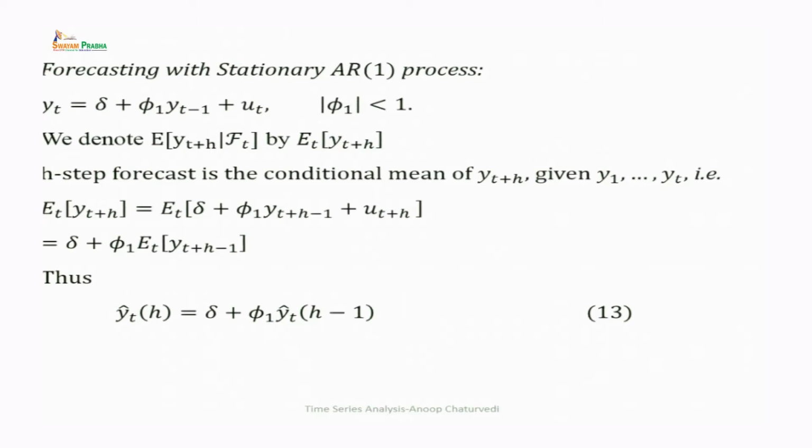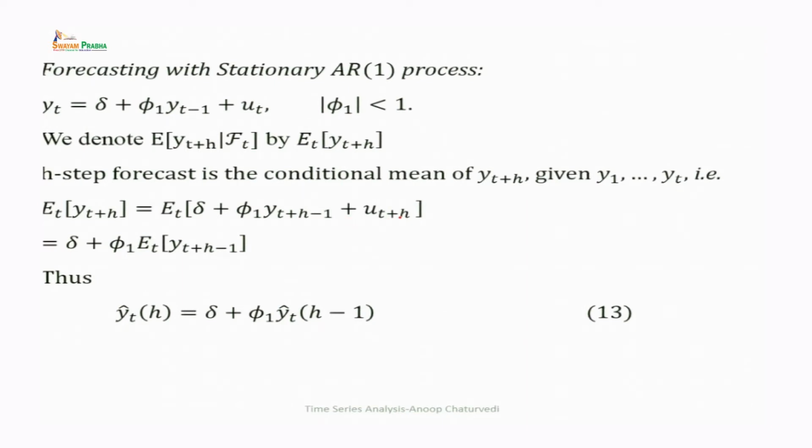Now, for the AR1 process, E t of y t plus h is equal to E t of delta plus phi 1 y t plus h minus 1 plus u t plus h.